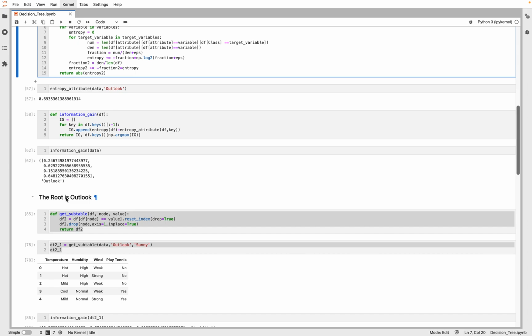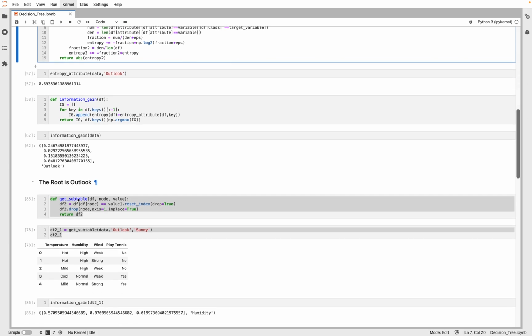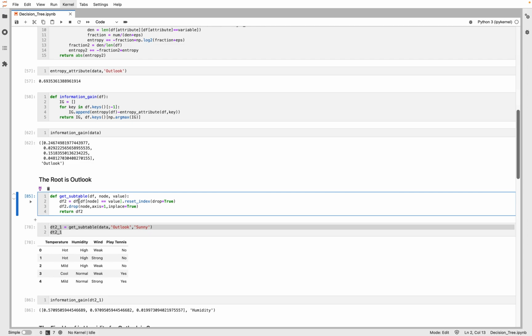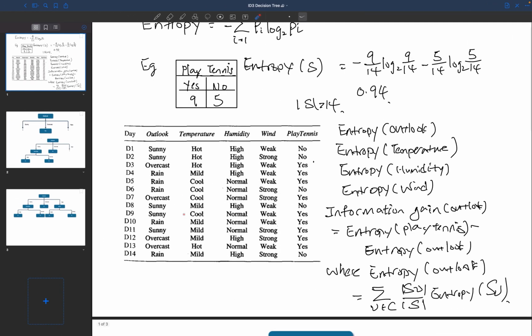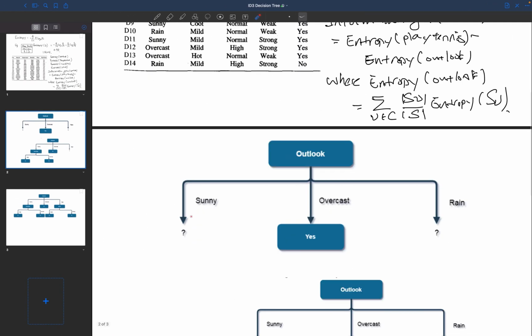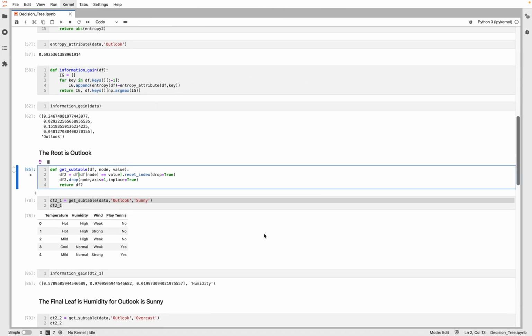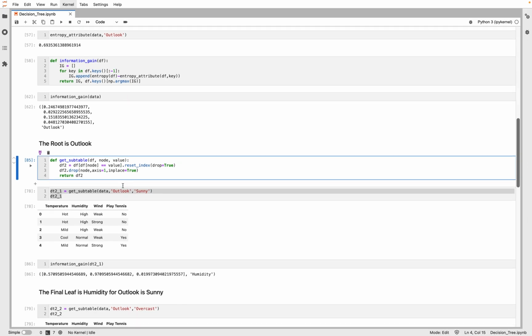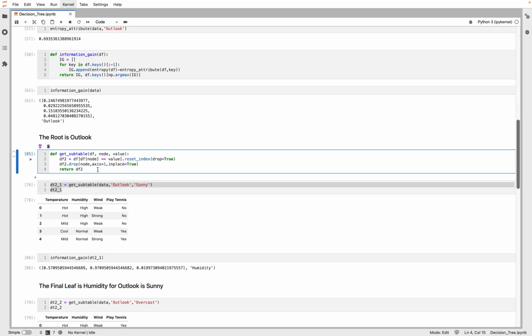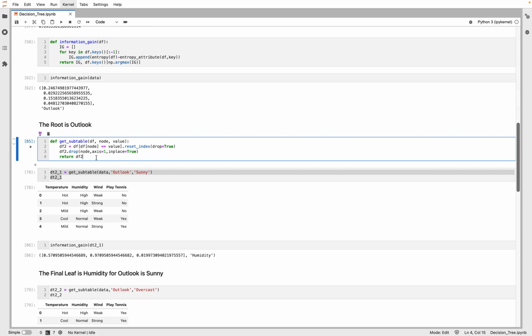Once we determine the root is the outlook, we need to split the next level to 3 possible cases: sunny, overcast, and rain, as shown here. So we define a function to do the split for each possible case.